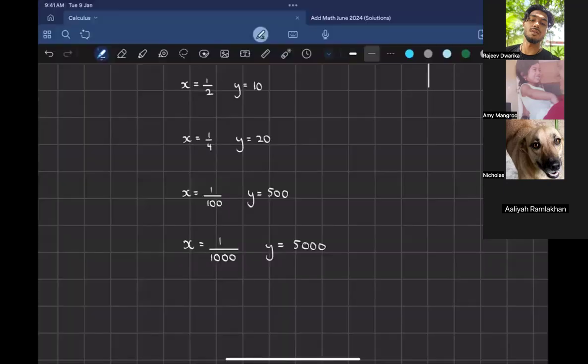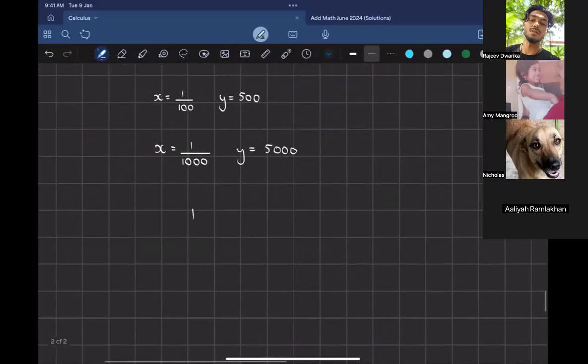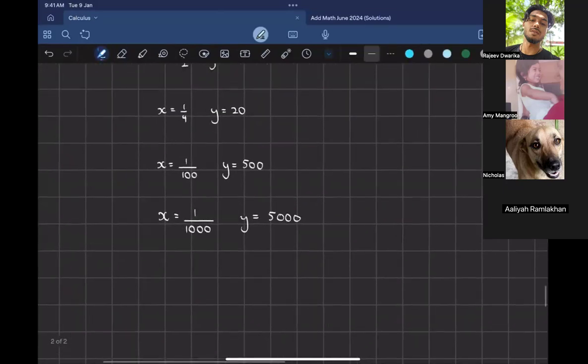It tends to what? There's no limit for how small the fraction could get. The fraction could be 1/1 billion, 1/1 quadrillion. And y would just keep on getting bigger.